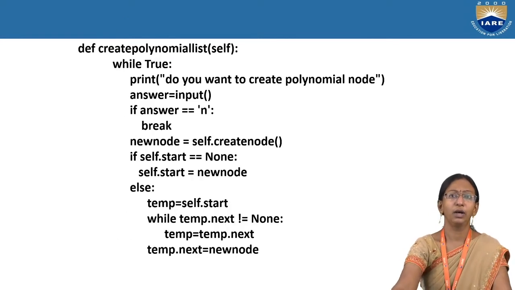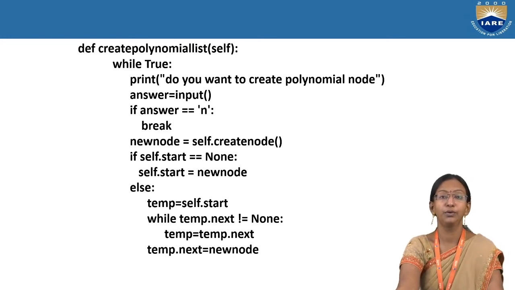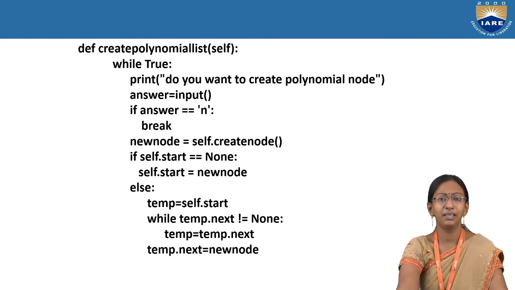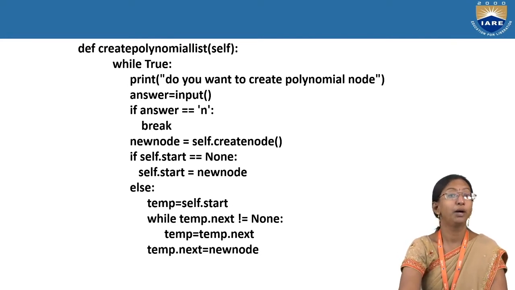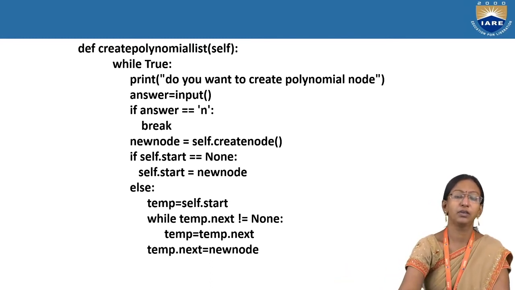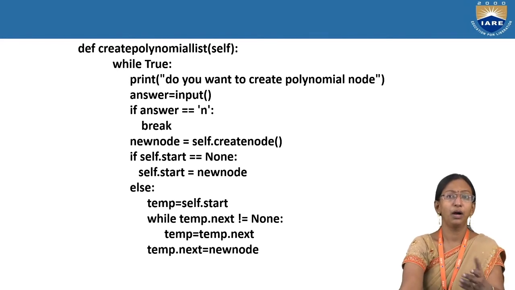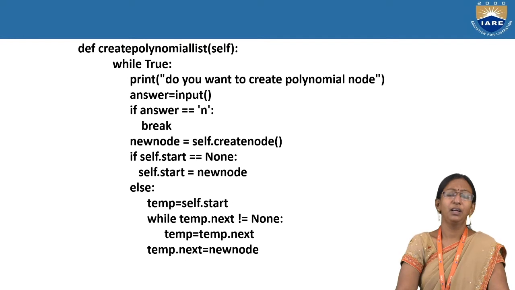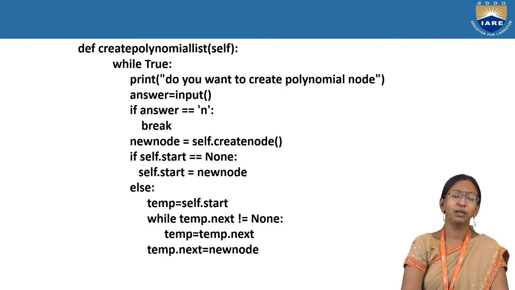So now, creating the polynomial list. I have gone through how to create a node, how to place data in it, how to return it. But now the task is to make a chain of it, right? Let's see. We never know how far I am going to do this. That means my polynomial can start with an exponent of 4, 5, 7, 10.